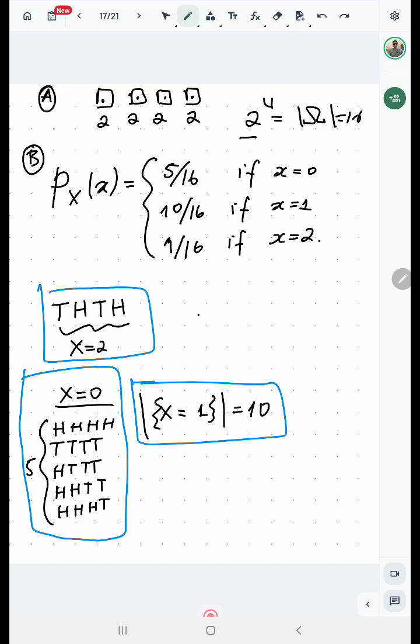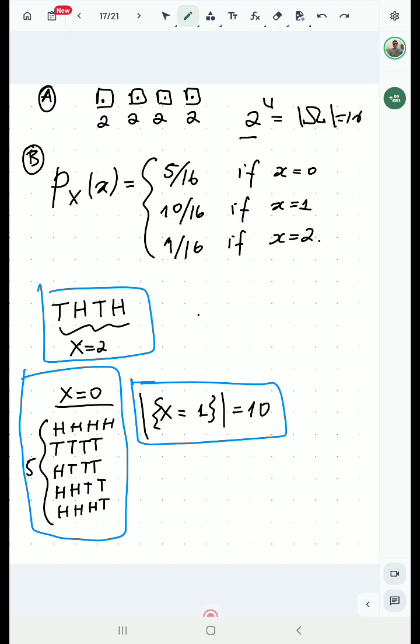Now, in part B of example 12, we're asked to find the probability mass function. Here, it's a little bit tricky. I was looking for a combinatorics formula, but I could not find one. I guess there is no such formula that can be applied in this case. So first, we are interested in how many times tail is followed by head.